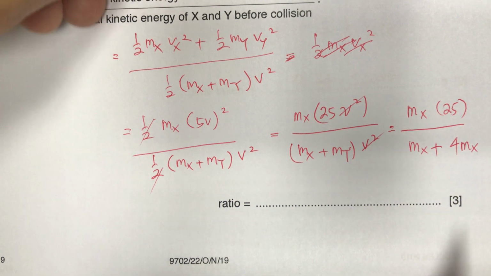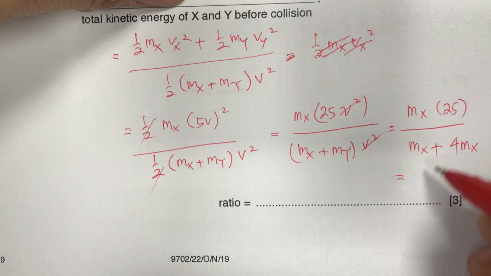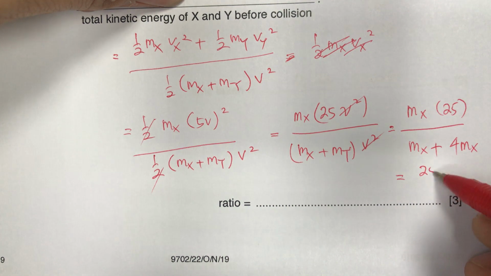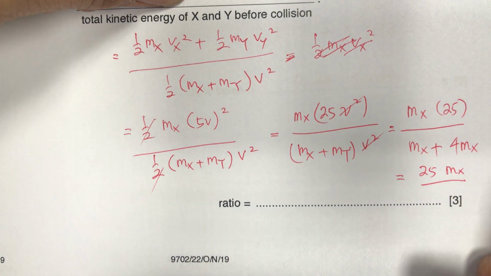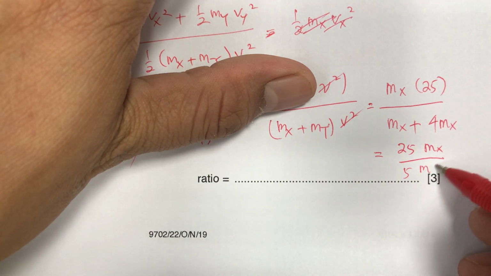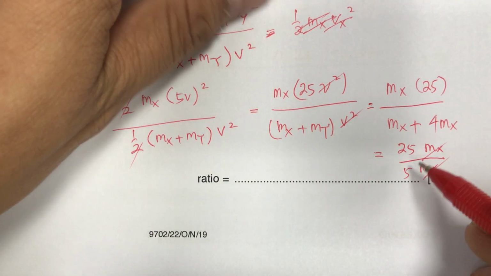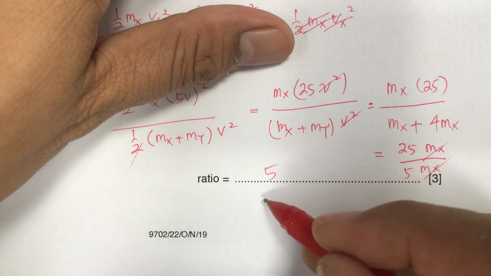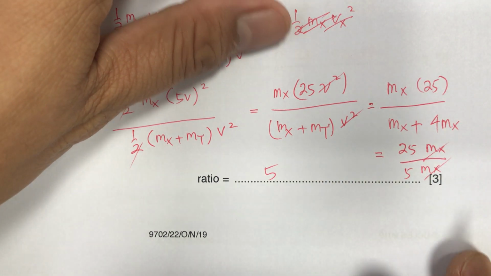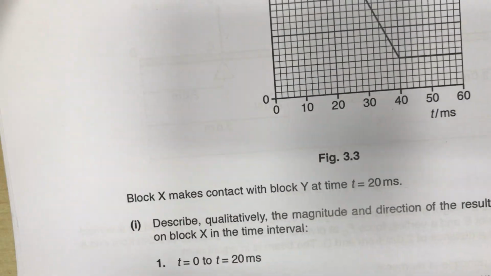So this is 25 mx divided by 5 mx. We can cancel mx, and 25 divided by 5 is 5. Yes, the answer is 5. Okay, continue to the other question.